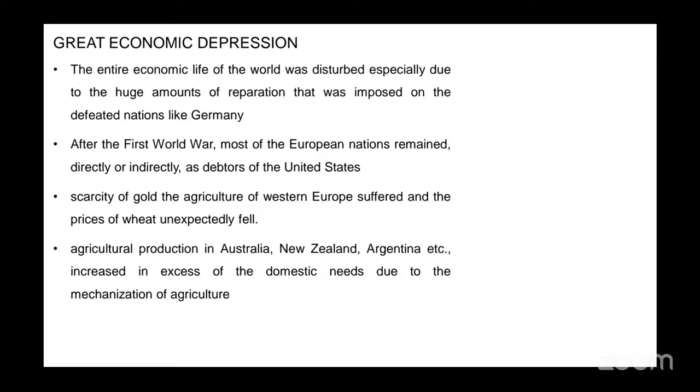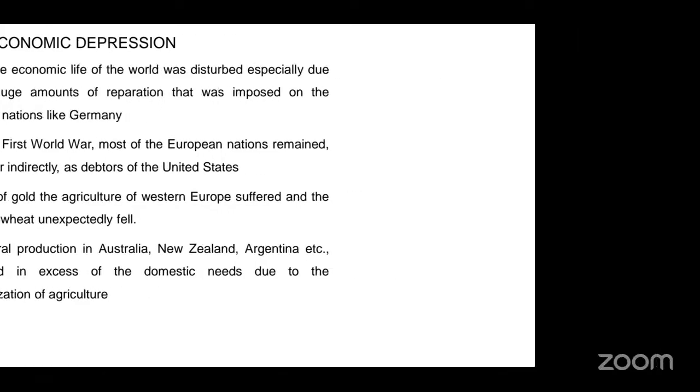Now what happened in Australia, New Zealand, Argentina is that agricultural production increased in excess of domestic needs due to the mechanization of agriculture. So this is how the other countries were analyzing such things.